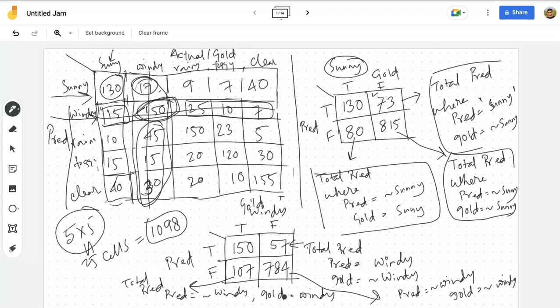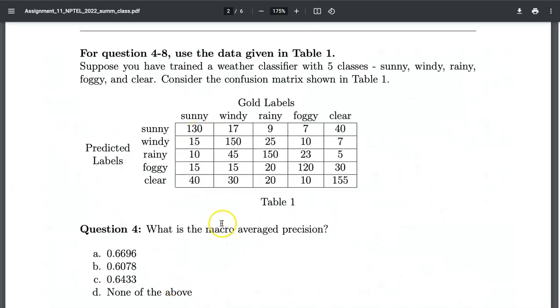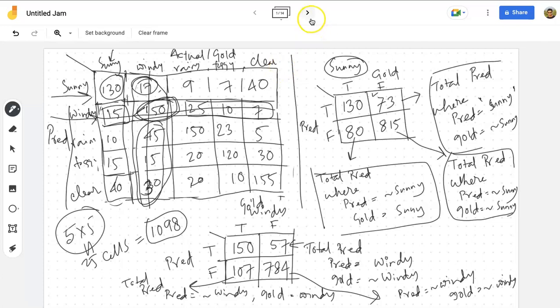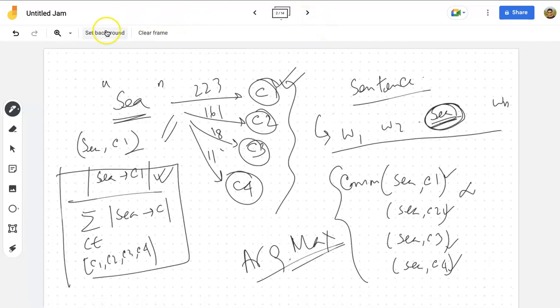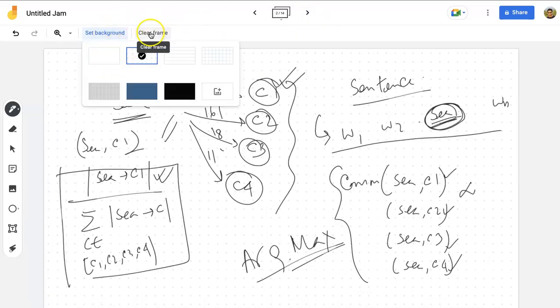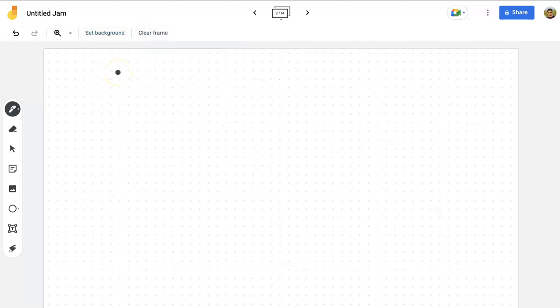Now we need to calculate the micro precision. What they are asking is the macro average precision and all these things. So let's do it. Go to the next page, and we already calculated the windy one.